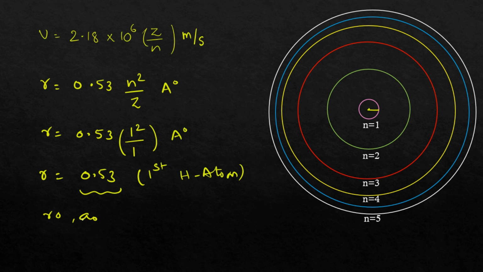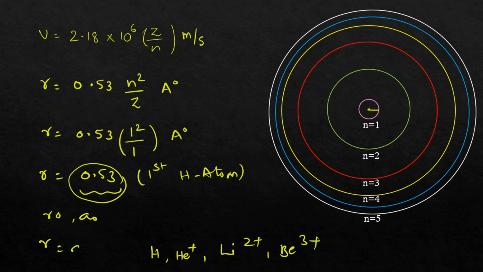For any orbit, for any single electron systems like hydrogen, helium plus, lithium 2 plus, beryllium 3 plus, you can calculate r is equal to this 0.53, which I can write as A naught or R naught, into n square by z. Okay, this is for the calculation purpose. Sometimes they may give it like this in the options in the question, so you have to know about this point.